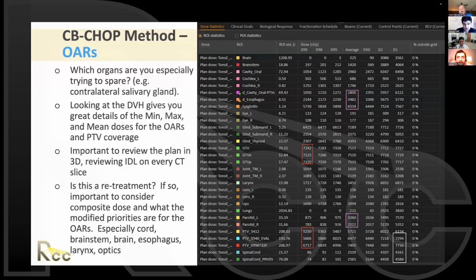If it's a retreatment, this complicates things a little more. You need to consider a composite dose, and what priorities you can modify on the OARs in order to account for the previous dose the patient received, especially for structures like the spinal cord, brain stem, brain, esophagus, larynx, and the optics. Anything to add?